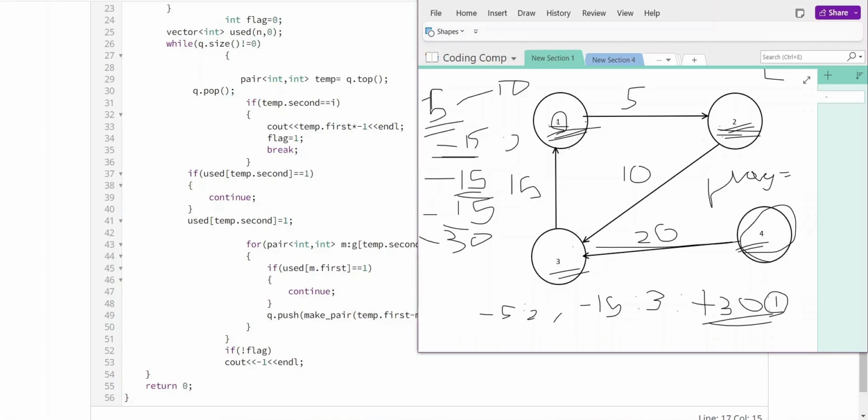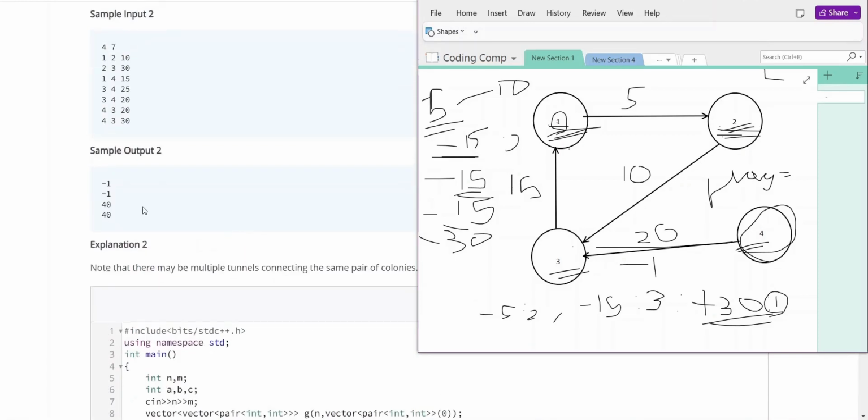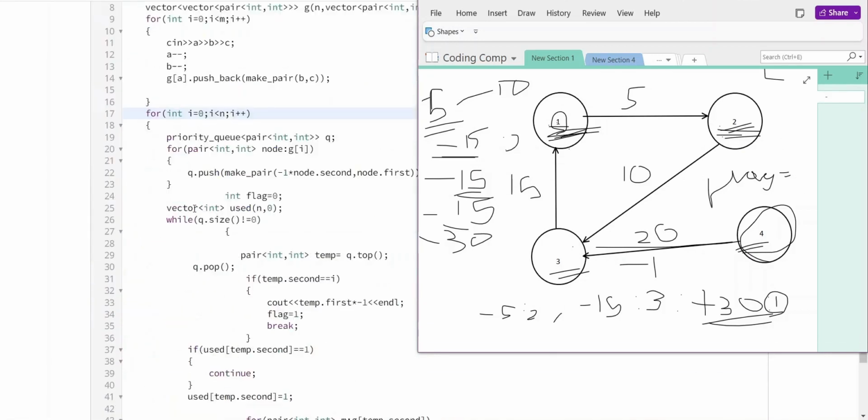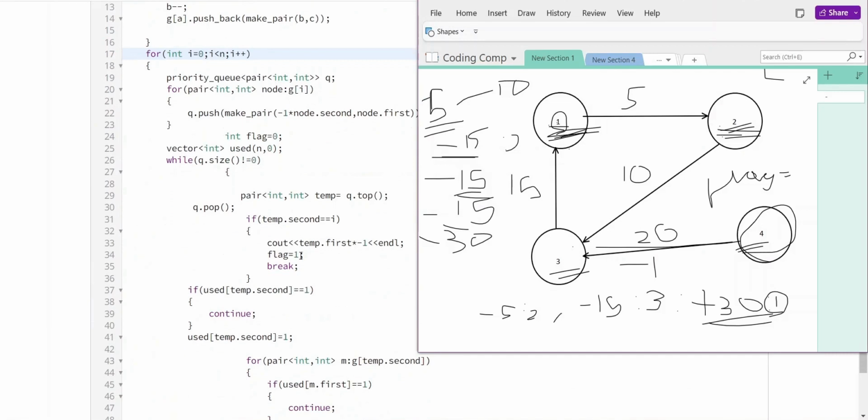If we are able to print a solution, we do not want to print -1, right? So over here, if we are not able to find a solution, we are printing -1. Since we are able to print the solution here, we are making the flag 1, and initially the flag was initialized to 0.